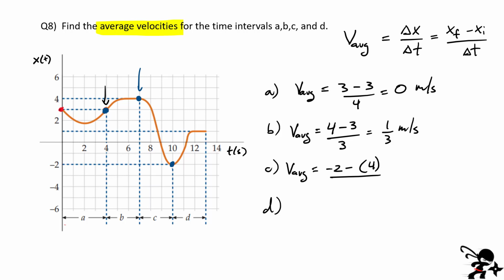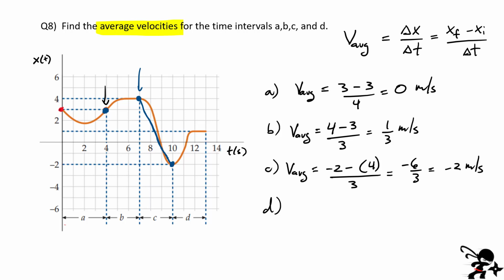Again, it looks like 3 squares going from the initial to the final. So this is over 3 seconds. I have to be a little bit careful here. So I get minus 6 over 3. I get minus 2 meters per second. Again, that minus 2 simply represents the slope of this line that joins this initial to the final. What is the slope of that line? Negative 2 meters per second.